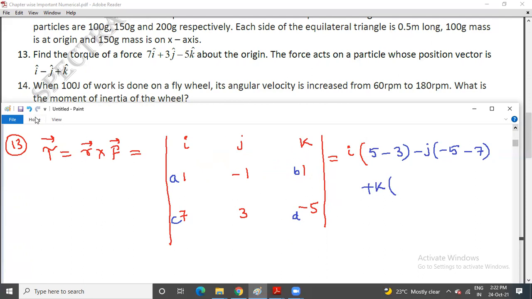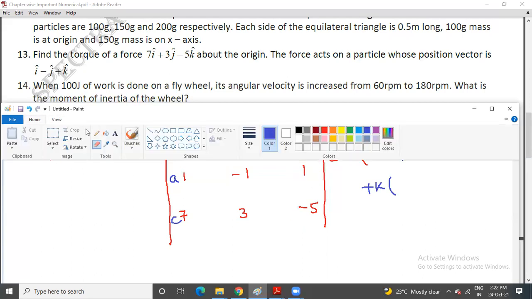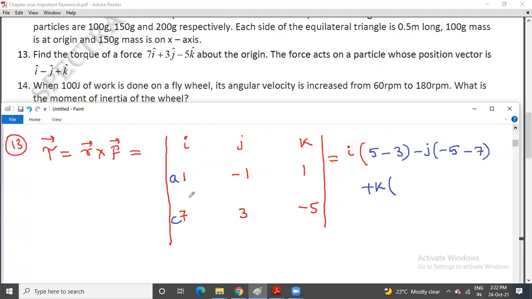When you write k, forget about B and D, so this is going to be B and D. Now AD, so it will be 3, and minus 7. In the formula there is one more minus, so it will be plus 7.